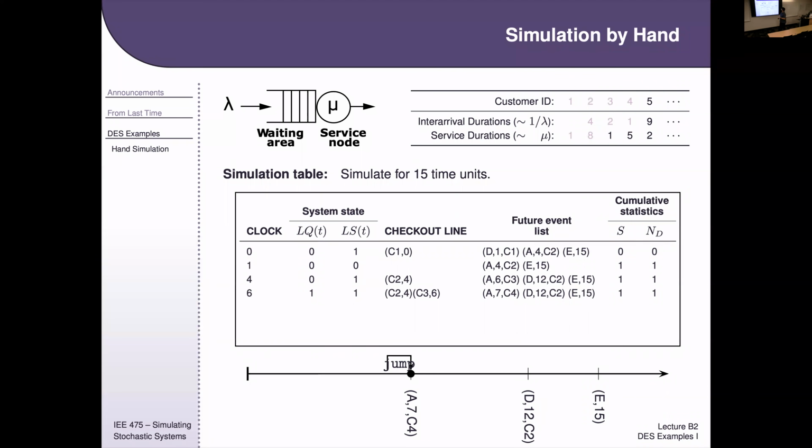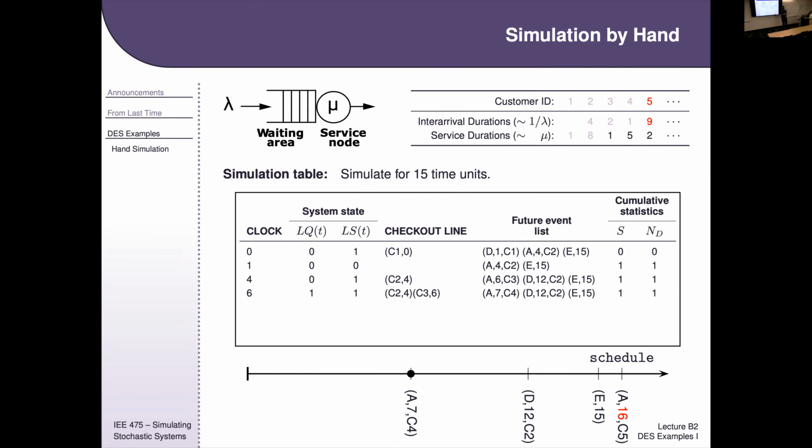All right. So let's see if we can get some more customers out of here. We know the next arrival happens at time 7, so we're going to jump to time 7. It's an arrival event. The server is busy, so it gets added to the queue just like before, and it gets added to the checkout line just like before.